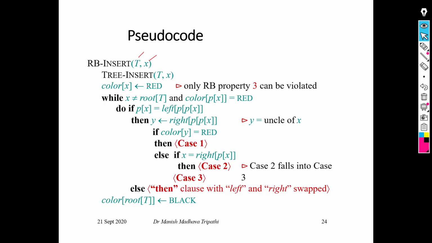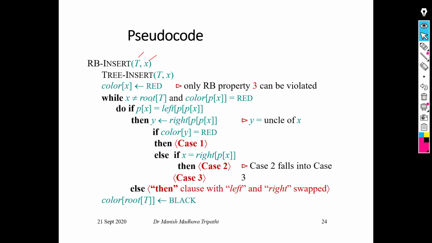Color of X is red, because the inserting node is always of red color, therefore we color X as red. Now the condition number 1, while X is not the root, because the root cannot be of red color.